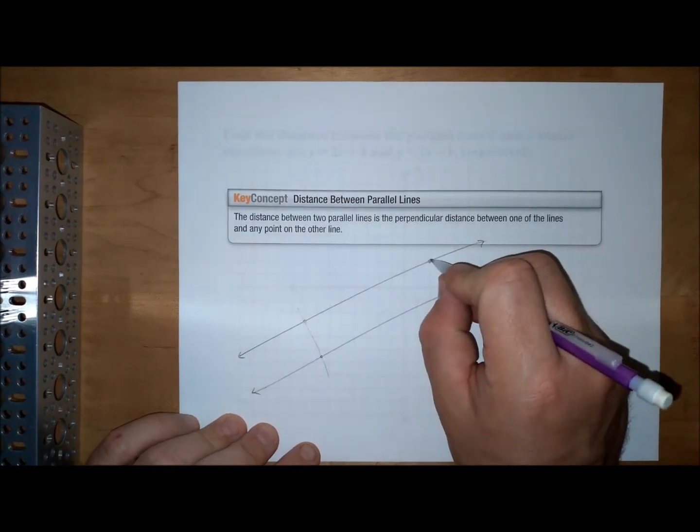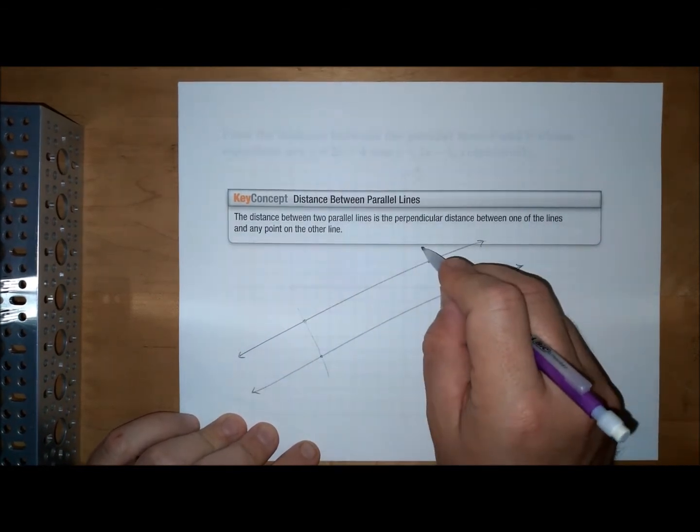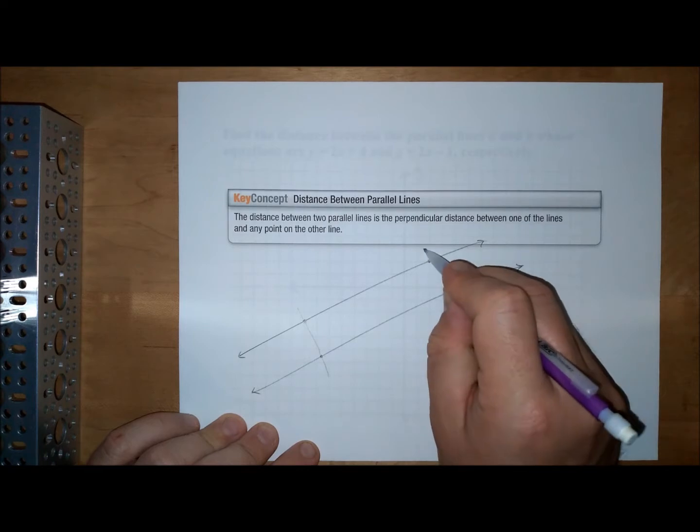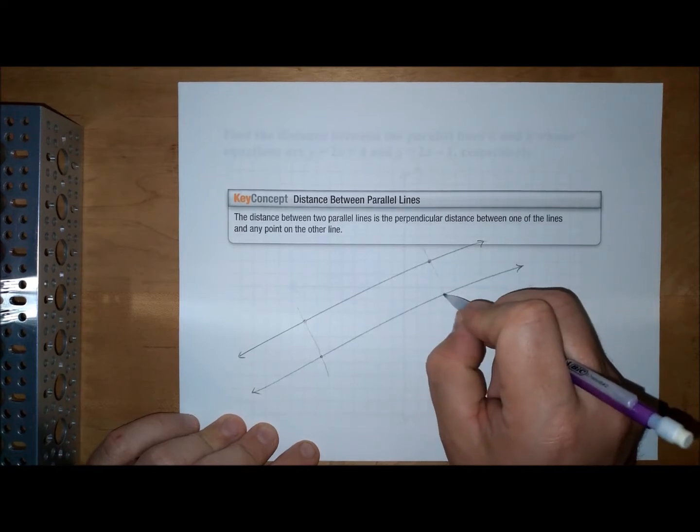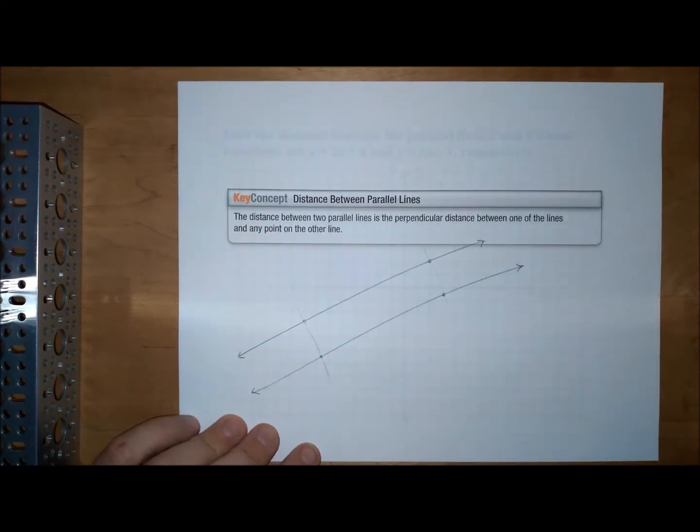You can pick any point on either line and draw a perpendicular to the other, and you will be able to find the distance between those two lines.